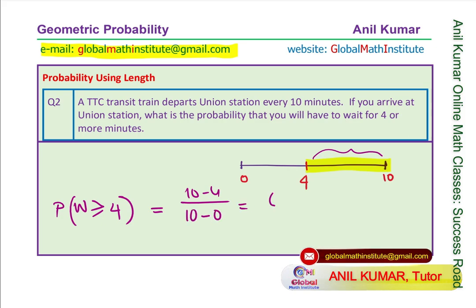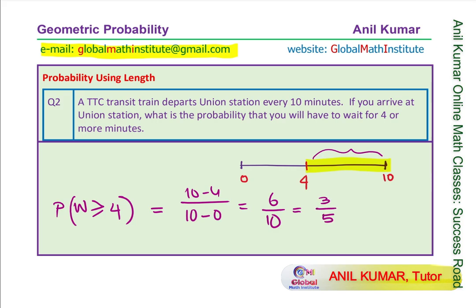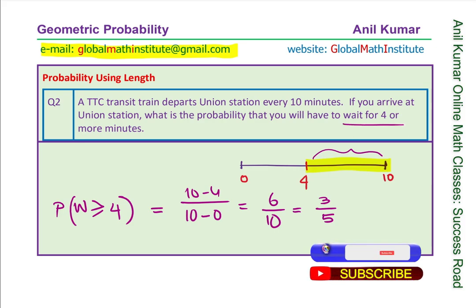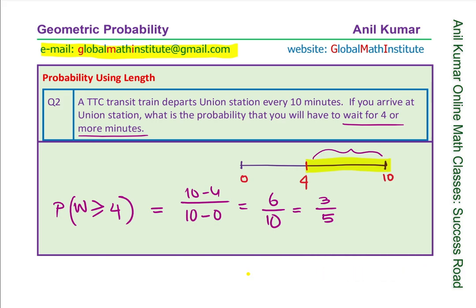So you can say this is 6 over 10, and you can simplify to the lowest terms, dividing by 2, getting this as 3 over 5. So that becomes the probability for a wait which will last for at least 4 minutes. You get the idea. So that is how we could solve probability questions which are based on geometrical measurements.